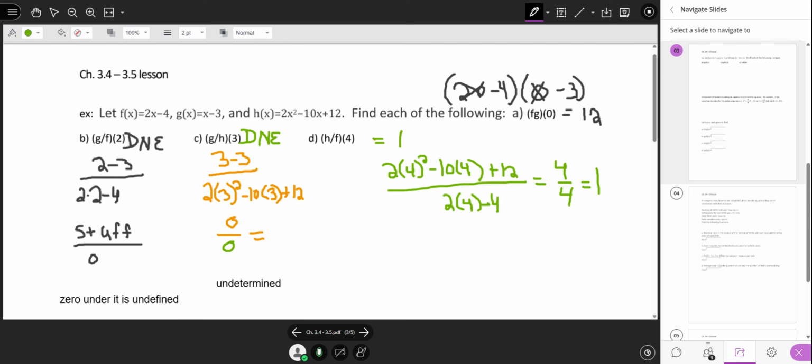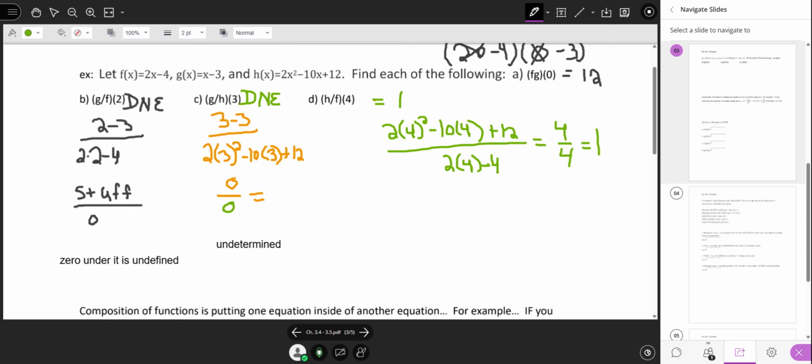That one is 1. But now, if you get 0 over stuff, as long as stuff isn't 0, the answer is 0.